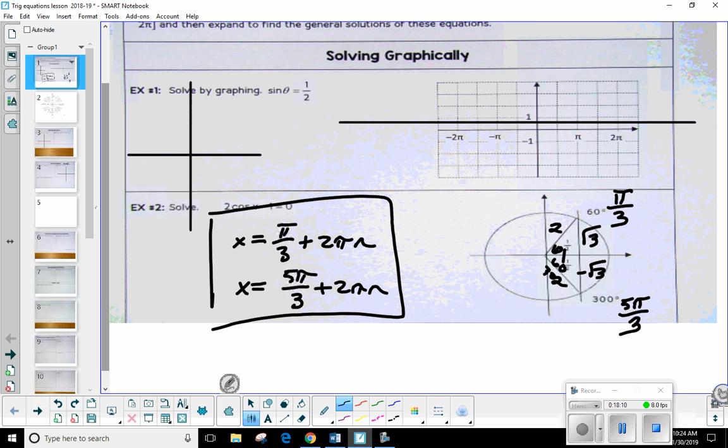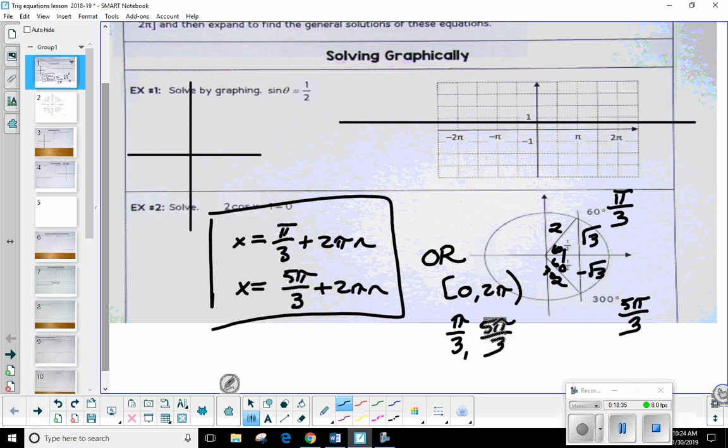Or if I wanted on the interval from 0 to 2 pi. See, now I'm very specific about one rotation. Well, if n equals 0, what are the first two? Pi over 3 and 5 pi over 3, right?